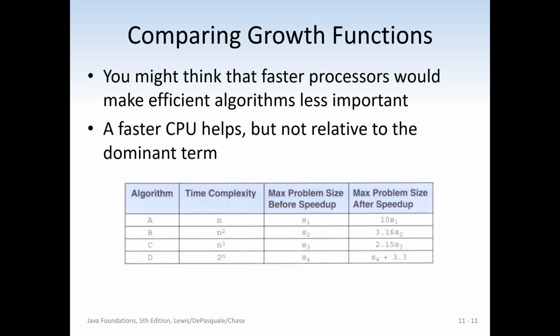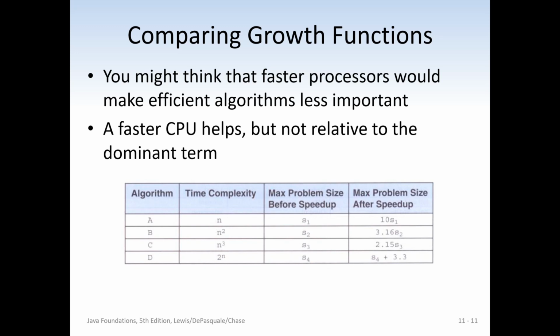We could add one more element to the problem and solve it on this twice as fast processor, right? So the CPU helps, but the order of the algorithm is still important, right? The amount of n that we can add as the CPU increases in speed is really not that much relative to the size of the algorithm. So the time complexity of the algorithm is still going to be the dominant factor.